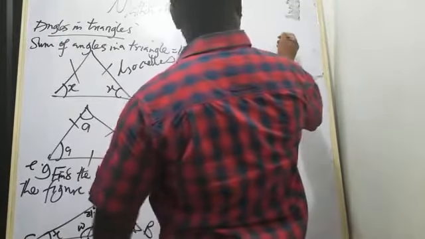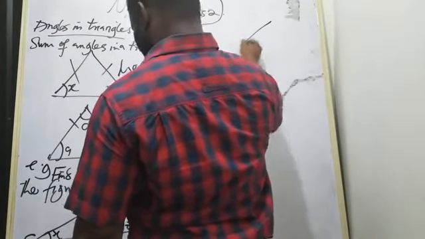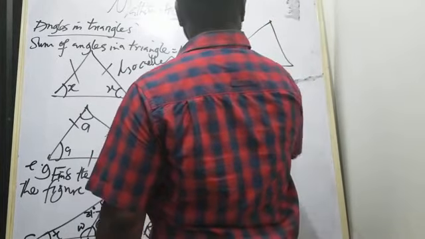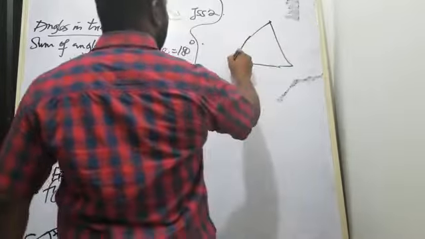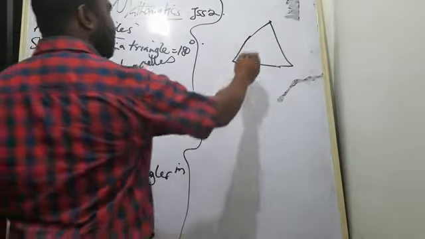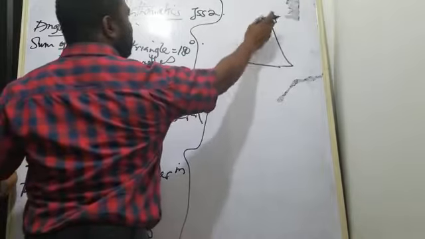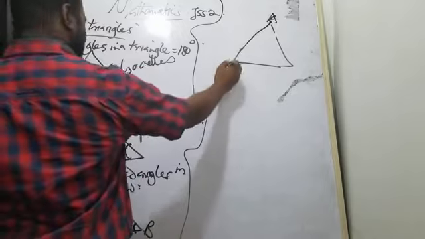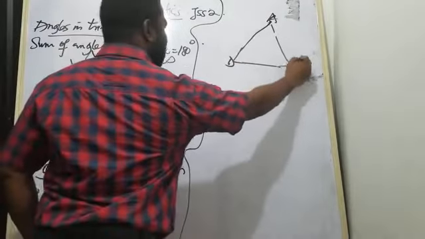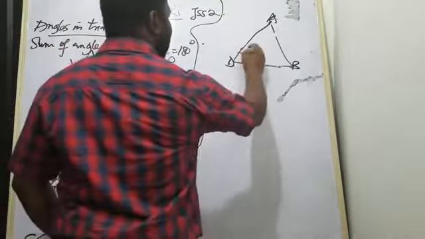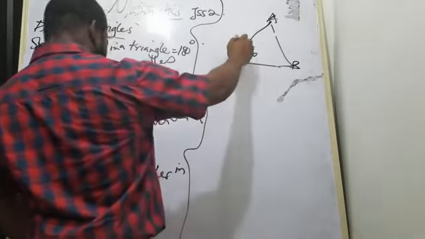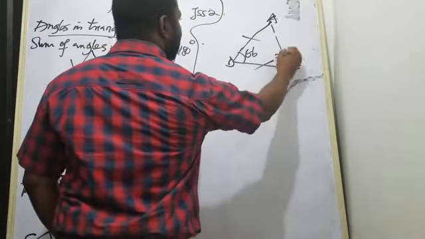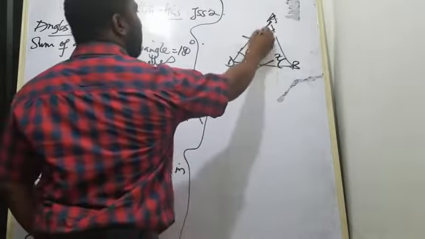Let's bring out triangle ADB. Okay, now we have 66 here, and this side is equal to this side, and we have Z here, and then we have Y here.